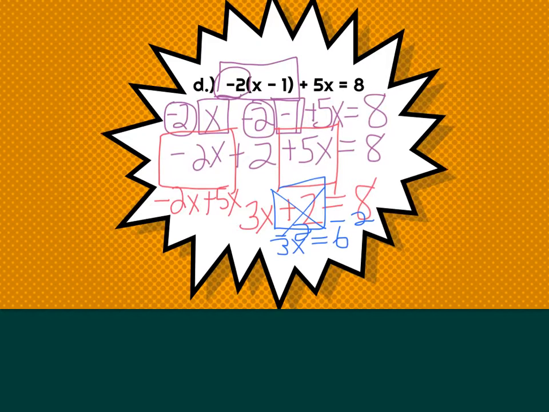And last, you undo multiplication or division. We are multiplying 3 times x, so we need to divide by 3 on both sides. That cancels out the 3. That leaves us with x equals a positive divided by a positive, which will be a positive, and 6 divided by 3 is 2. Your answer is x equals 2.